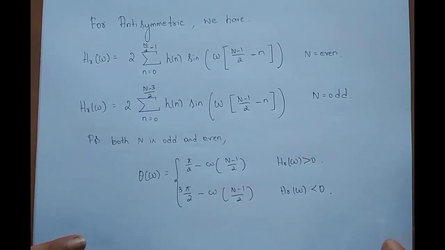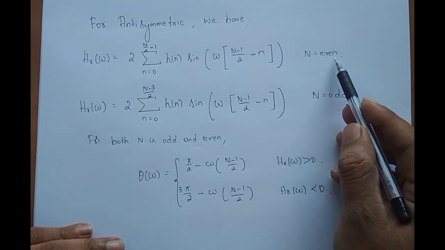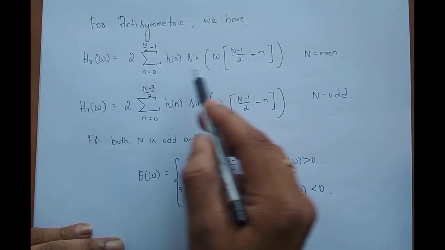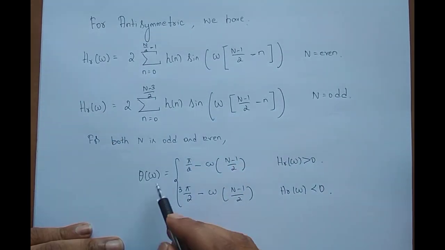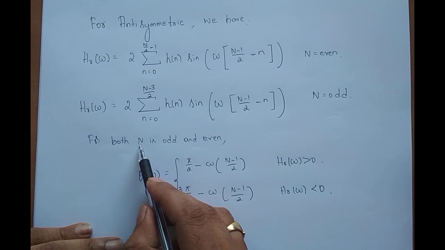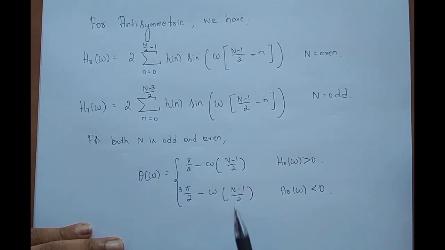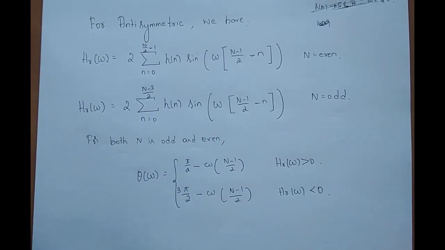So for an antisymmetric filter, H_R of omega for N even is something like this, for N odd it is something like this, and theta of omega is the same for both. In the next video we shall take up one problem to design an FIR filter.